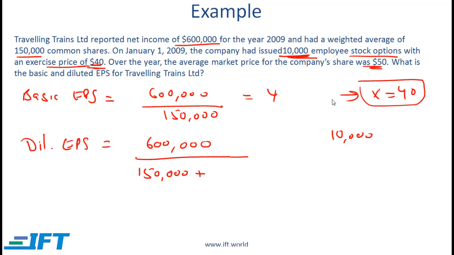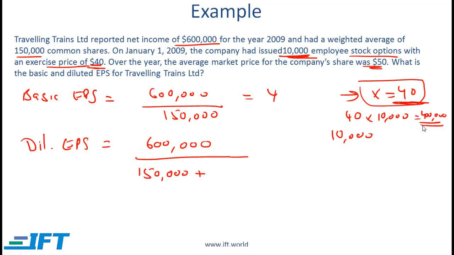But as discussed earlier, when the employees exercise their options, they have to actually pay $40 to exercise each option and get a share. So how much money does the company make? The company will make 40, which is the amount on a per share basis, times the number of shares which are issued, that is 10,000. Overall, the company will make 400,000.